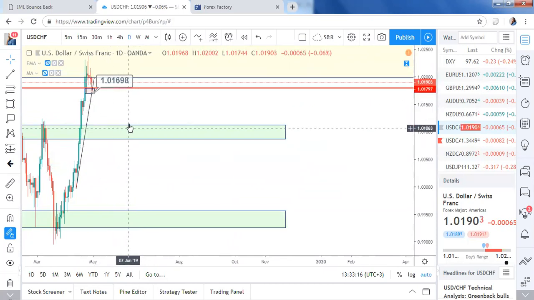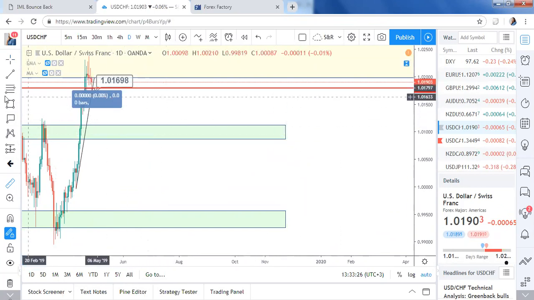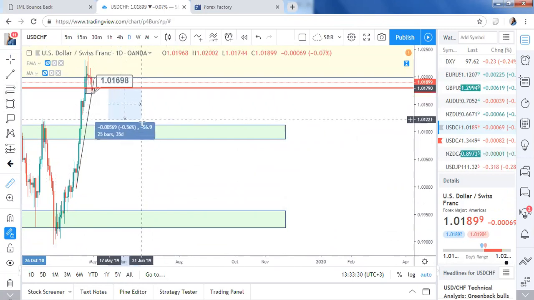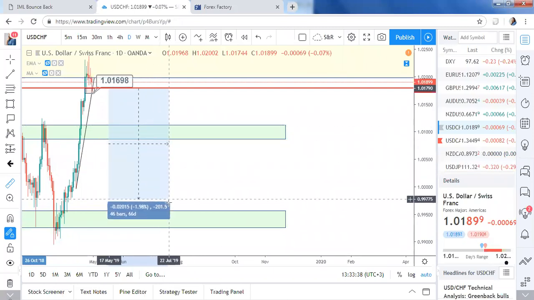So this is the first one of interest. And this is a lot of pips in the market. Trust me, a lot of us have been waiting for USD to drop for the longest time. If Christopher is on here, he's actually been waiting for this to drop since yesterday. So the first take profit is around 66 pips.